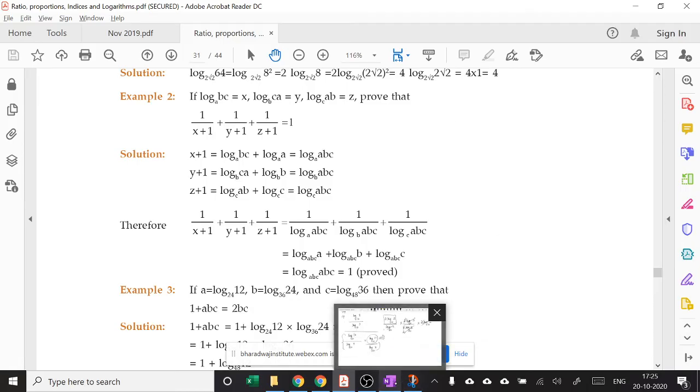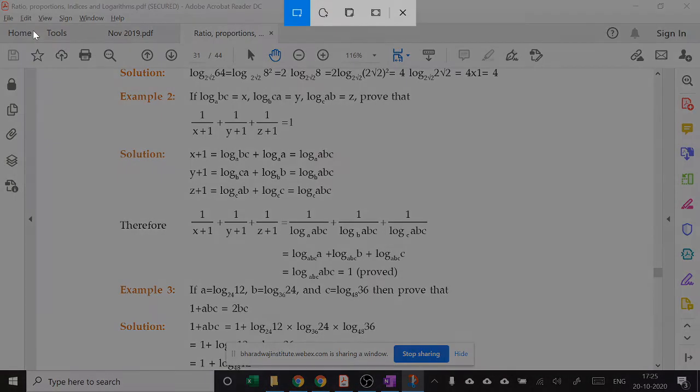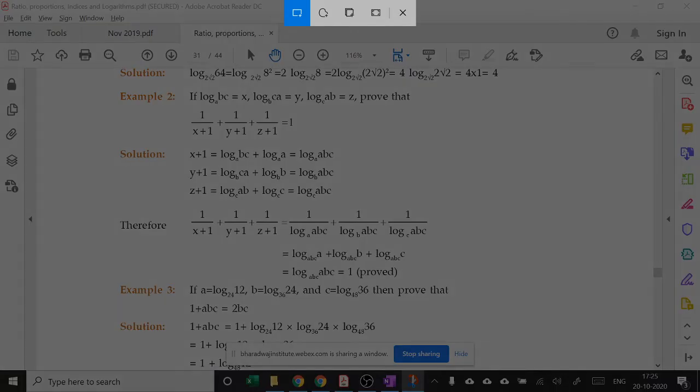Yes, this is a very good question. Again, these type of questions come very often in the exam.